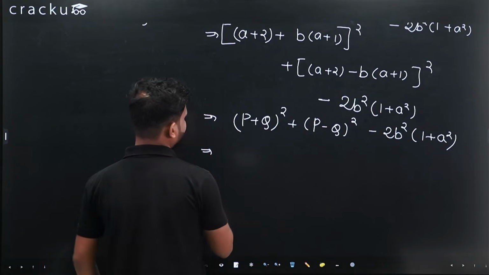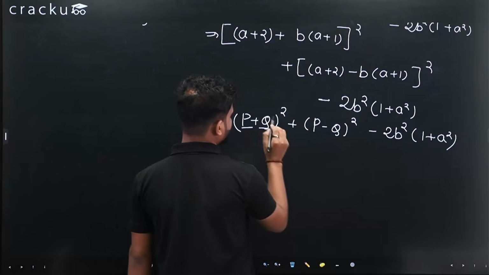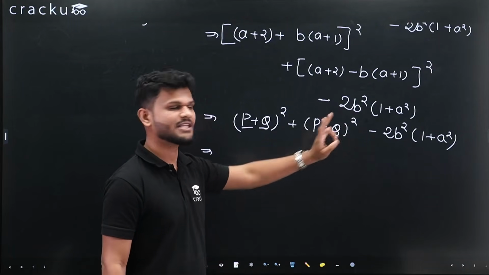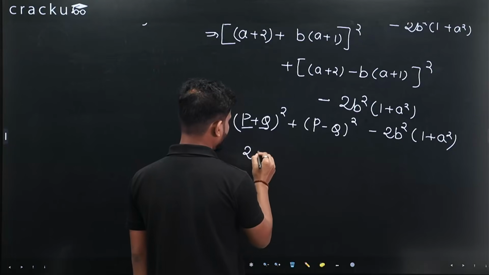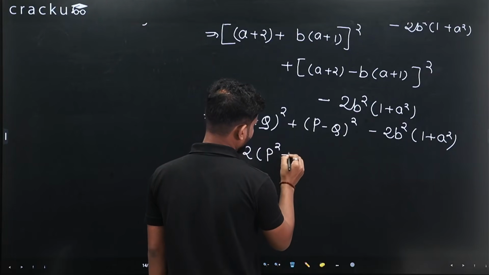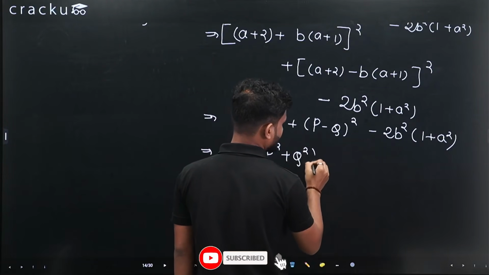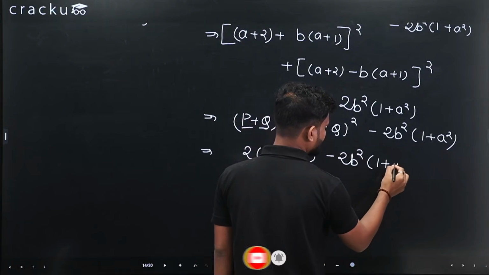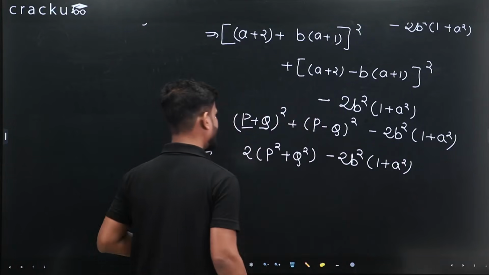From here what I get? This is P square plus Q square plus 2PQ. This is P square plus Q square minus 2PQ. So I will get 2 into (P square plus Q square) minus 2B square into (1 plus A square), correct?